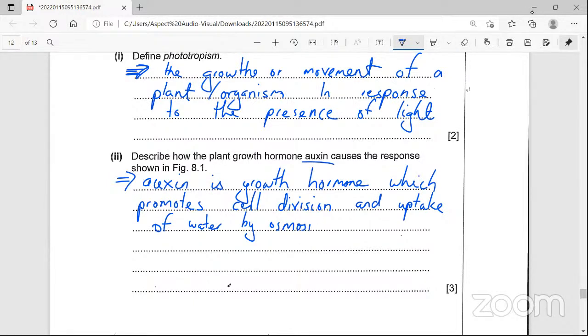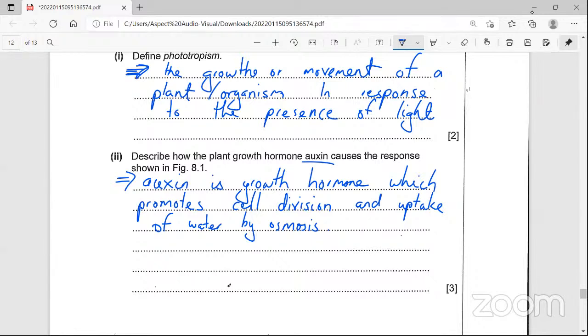Osmosis. Then what happens when cell division starts to take place? Water moves by osmosis.